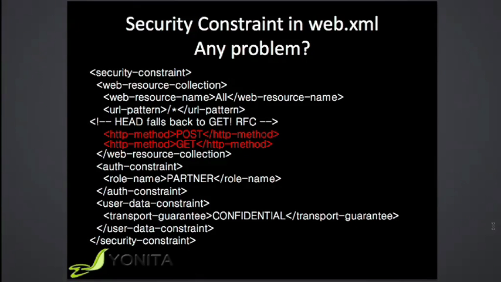So if our GET methods don't have any side effects, that's fine, because we do not expose any data with HEAD. But it often happens that GET methods have some side effects, so some modification in the database, and that's why such a configuration is dangerous.